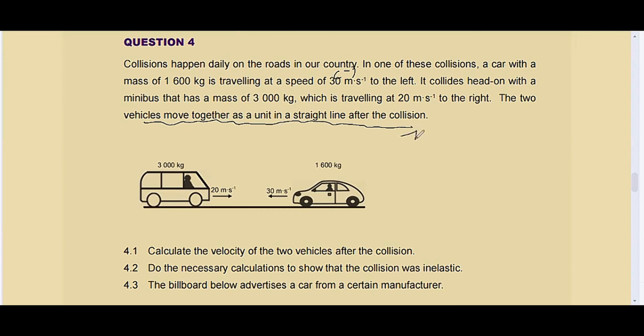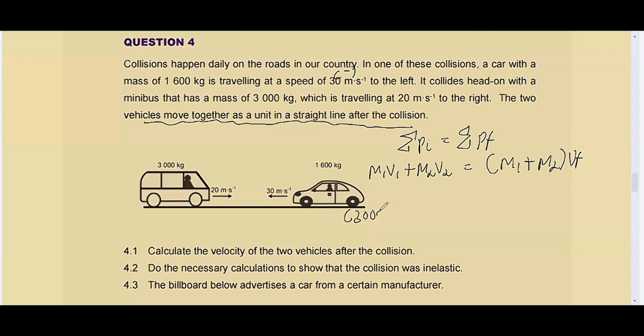So what we need to do here is to say momentum initially is equal to the sum of momentum final. So we have them individually like this. But then finally, what happens? They move together as a unit, so they share the final velocity. Right. So now, having to calculate, we have 3,000.